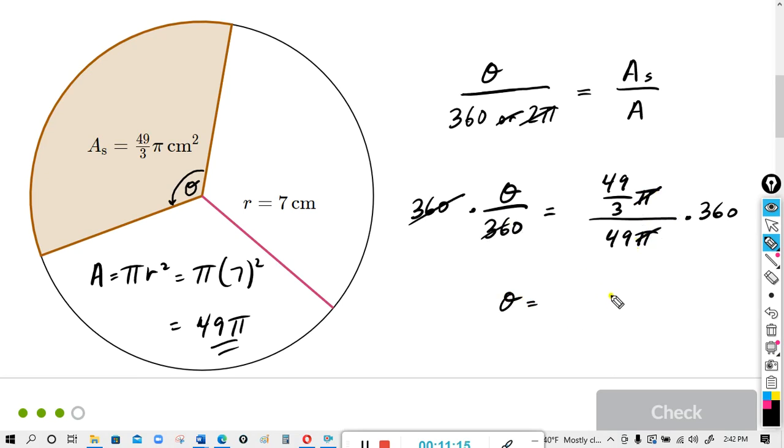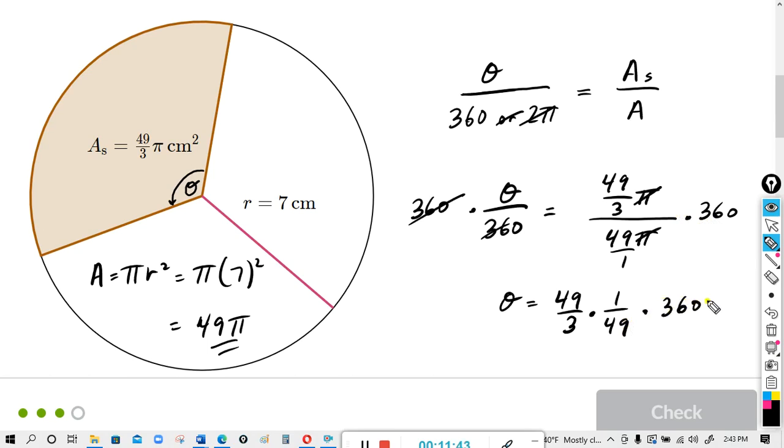Let me see here. 49/3 divided by 49. This is the same as 49/1. We can do keep, change, flip right here. So keep 49/3, change divide to multiply, and flip 49/1. And it's still times 360.